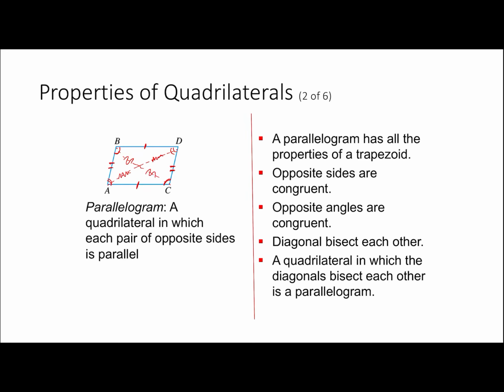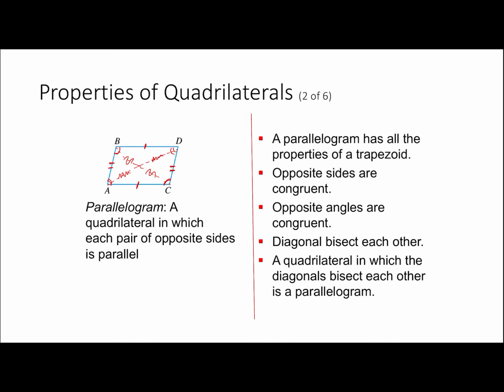Diagonals bisect each other. If we take this diagonal from A to D and the diagonal from B to C, they bisect each other, which means that this length and this length are the same, and then that length and that length are also the same.